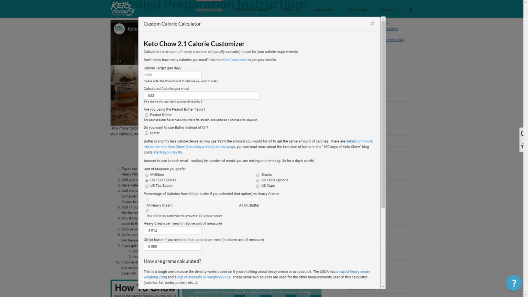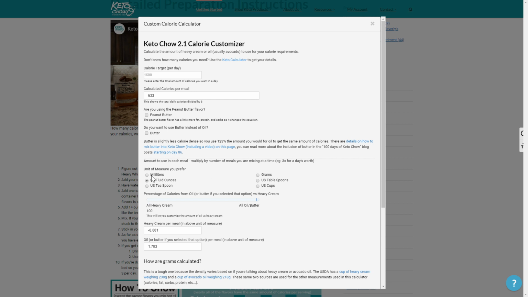So if you were to do 4 ounces of heavy cream, which is a half cup, per meal, it will give you very, very close to 1,600 calories a day.